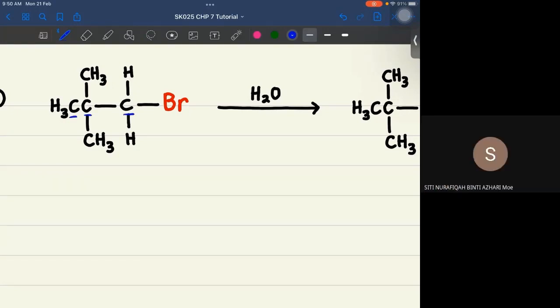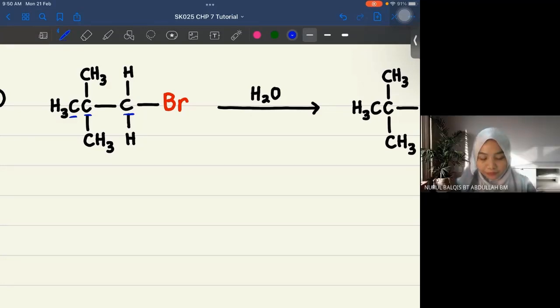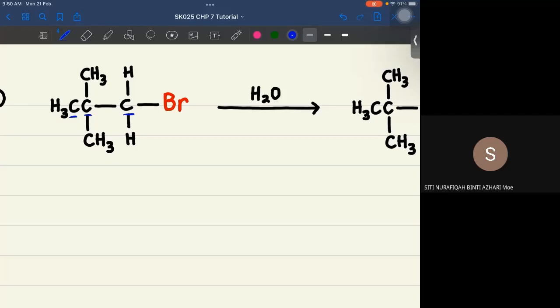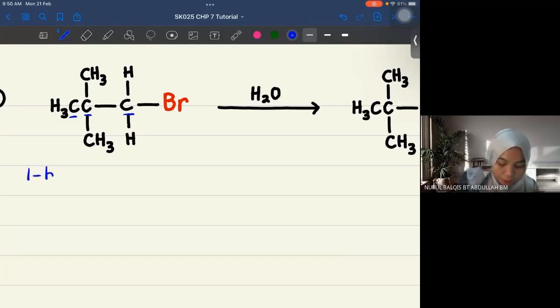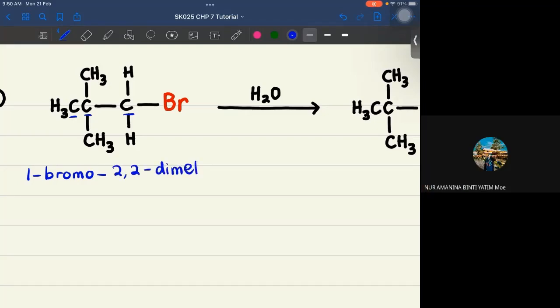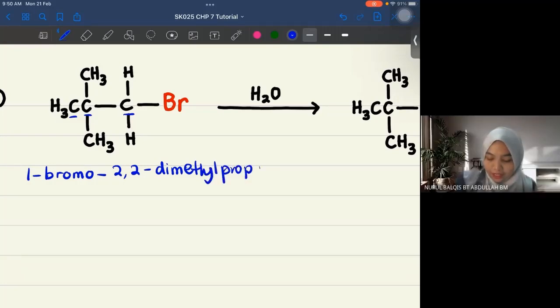Chain. 3 kan? Bagi terus saya nama dia. Propane. Nama penuh. 1 bromo. 2, hai cepat. Two dimethyl propane. Yes. 2,2-dimethyl propane.